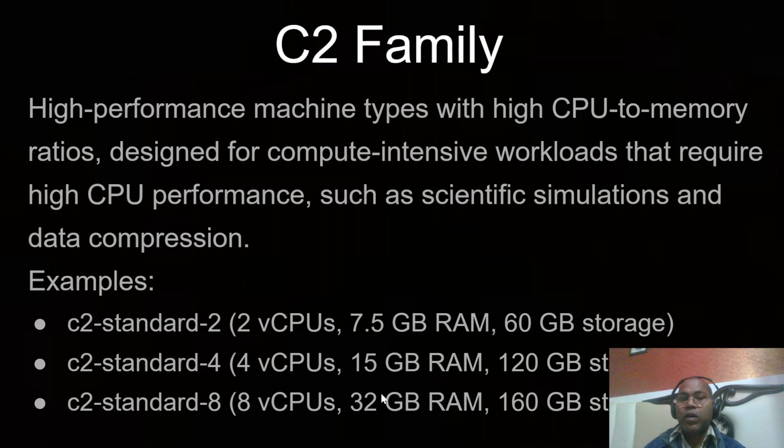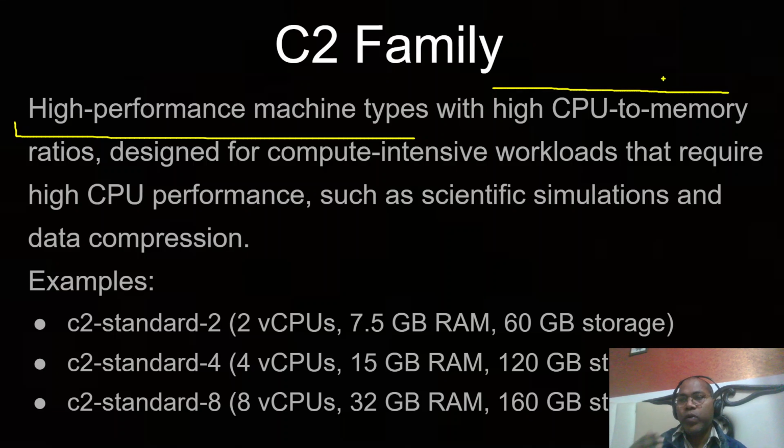Similarly, there is the C2 family. The C2 family is again a high performance machine type, with a high CPU to memory ratio. You decide what combinations of high CPU and corresponding memory, what is the ratio.